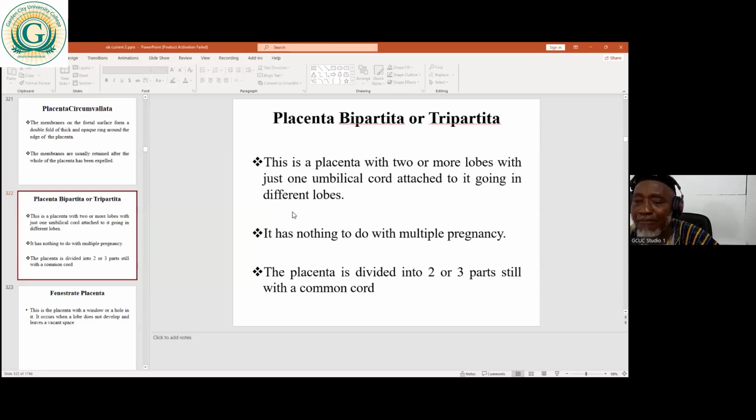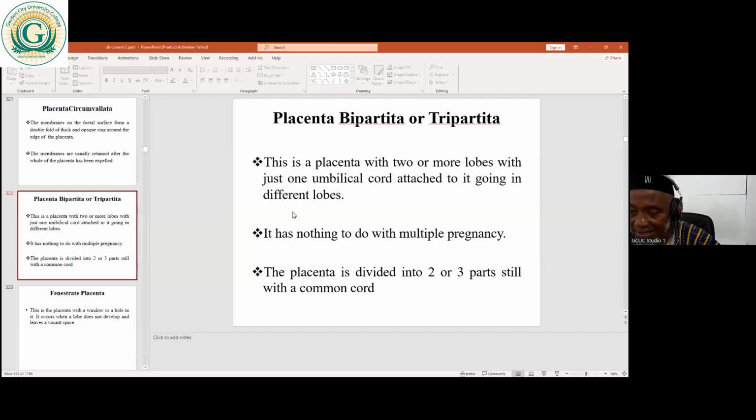Then we have bipartita and tripartita. This is a placenta with two or more lobes. Succenturiata has a big placenta with a small lobe, but bipartita has two lobes, not a big placenta, with just one umbilical cord attached, going into the different lobes. It has nothing to do with multiple pregnancy.